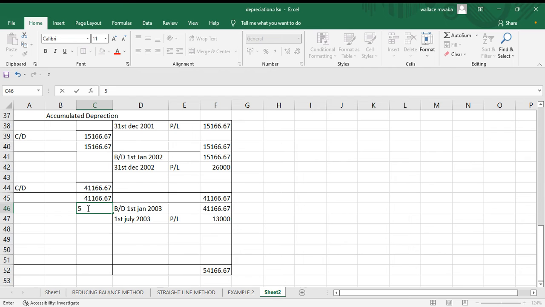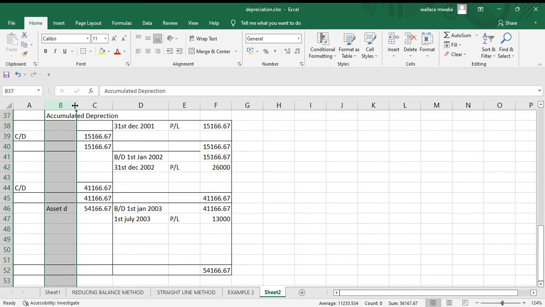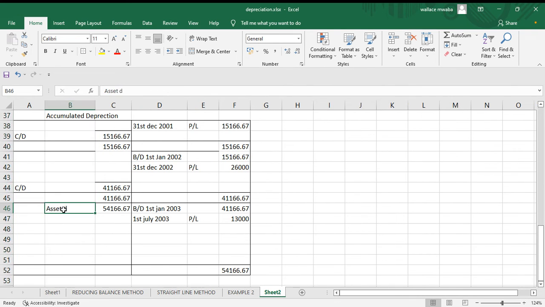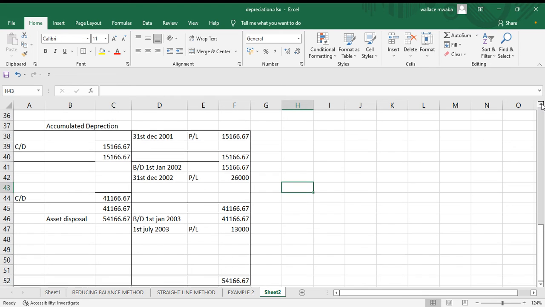So this is going to be credited to our asset disposal. Right. So we're done with our accumulated depreciation account.